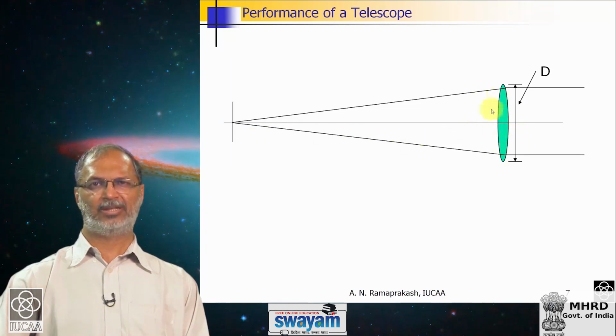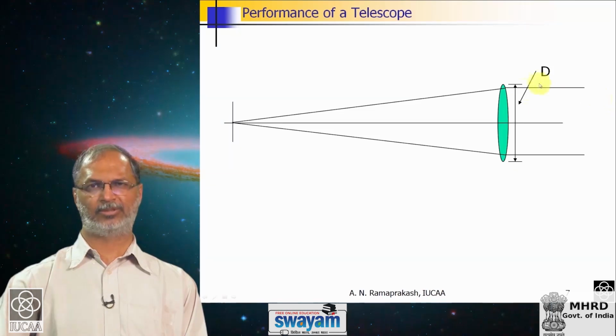So, if this lens is representing a telescope of a certain focal length, the focal plane of the telescope is where all the rays converge.